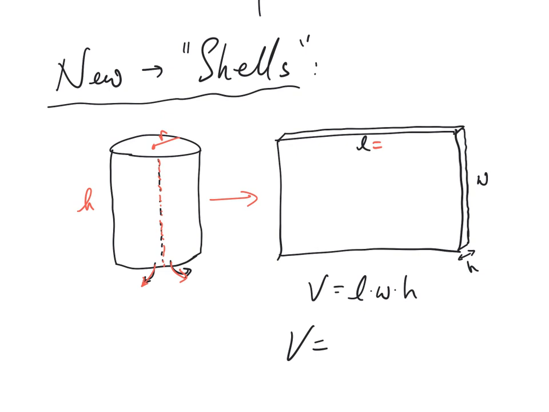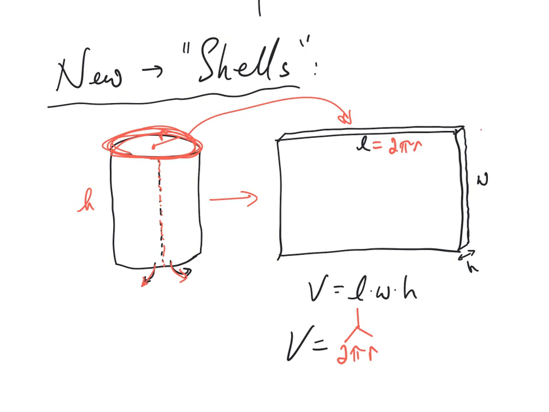If you think about wrapping that layer back around the cylinder, that wrap, when we unroll it, becomes the length of the cylinder. Therefore, the length is actually going to be 2 pi times the radius. So the length is going to become 2 pi times r.